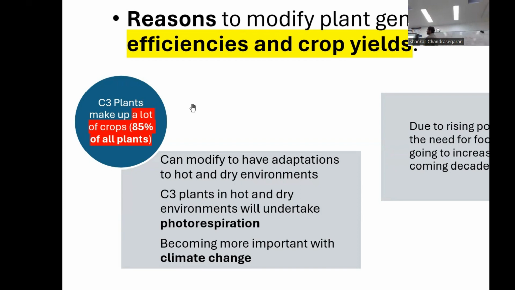And the problem with that is that C3 plants have no adaptations against photorespiration, okay? And that means that if they are present in a hot and dry environment, they will not be able to undertake photosynthesis and will be carrying out photorespiration continuously. And if that continues on, the plants won't be able to make food and they will eventually die, right? Remember that photorespiration and photosynthesis are inversely connected.